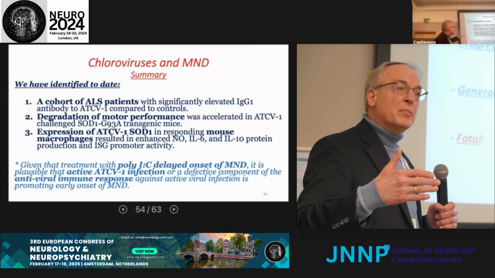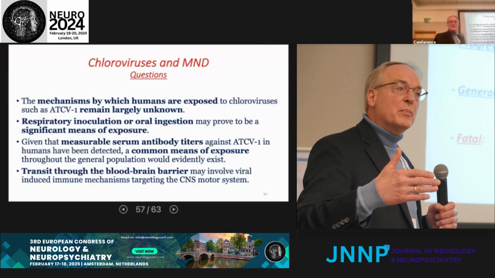Now, given that treatment with the poly-IC delayed the onset of motor neuron disease, it's plausible that active chloroviral infection or a defective component of the antiviral immune response against active viral infection is promoting early onset motor neuron disease. All plausible, possible. These are our theories, basically.